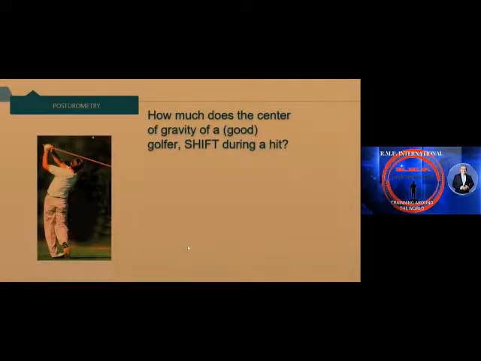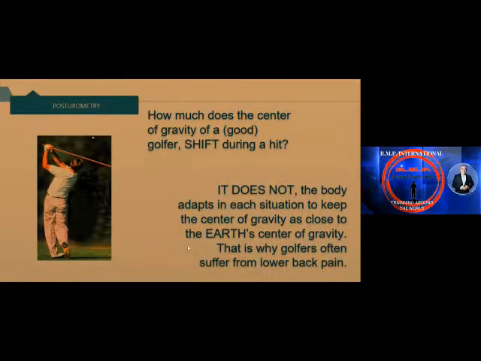How much does the center of gravity of a good golfer shift during the hit? Nothing. But to keep the center here, they make this adaptation for the hit. Everybody of them has lumbar problems, a lot, because of the adaptation of the body.